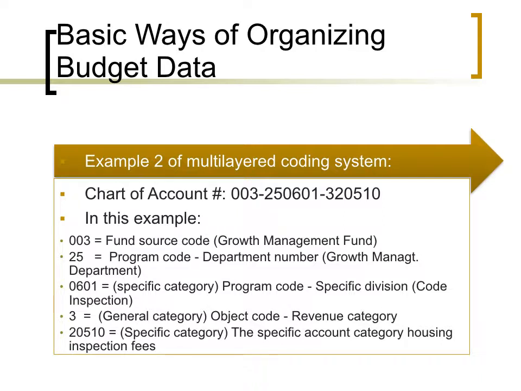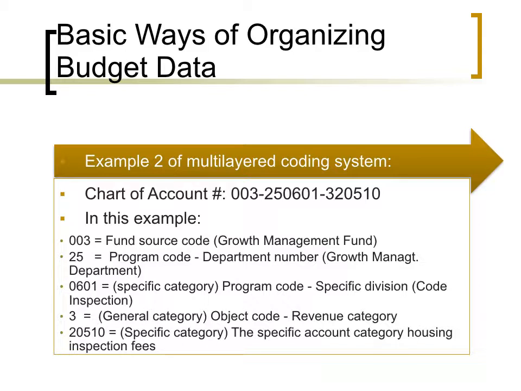Within my city, 3 means it's revenue. So when I see a 5, as on the prior slide, that's an expense. But when I see a 3, that tells me this is a revenue. Looking beyond that 3, we have 20510. This specific category refers to housing inspection fees.